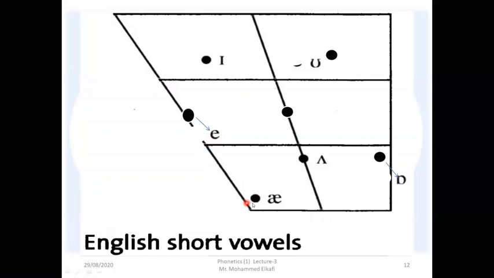Here we have fat and bad, at, a, or even bad, add, a. Here, cup, up. Here, about, up. This is the shortest vowel.